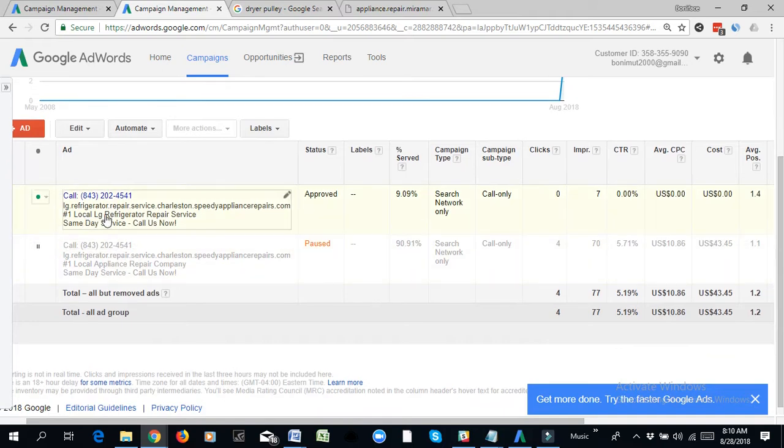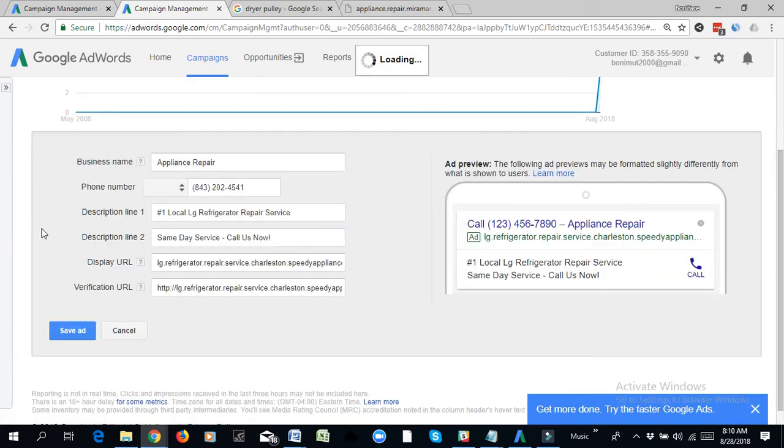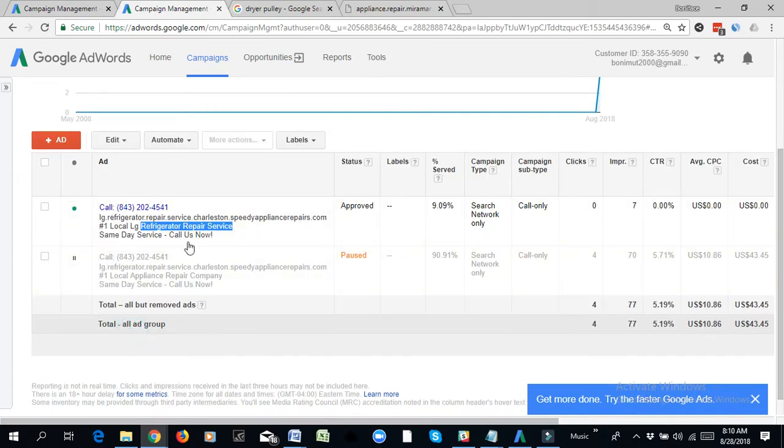The keyword should also be in the description line 1 here, and we have it. This is the way we do the ad copy.